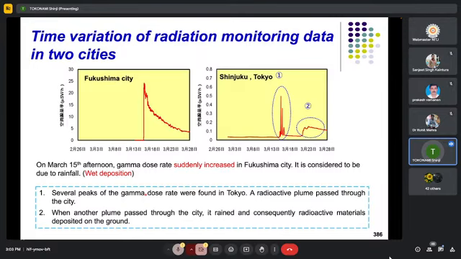Several peaks of the gamma dose rate were found in Tokyo. A radioactive plume passed through the city. When another plume passed through the city, it rained and consequently radioactive materials deposited on the ground.